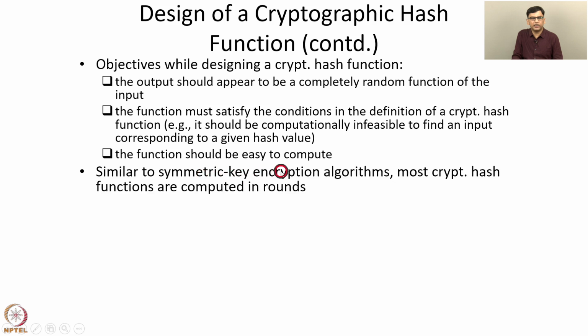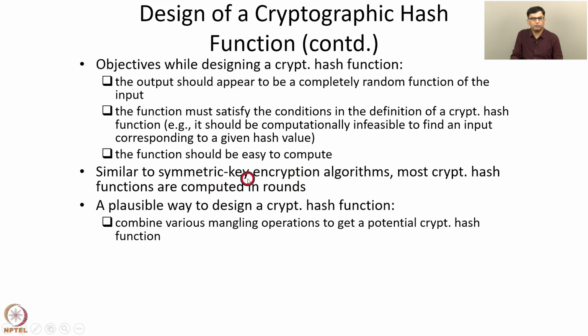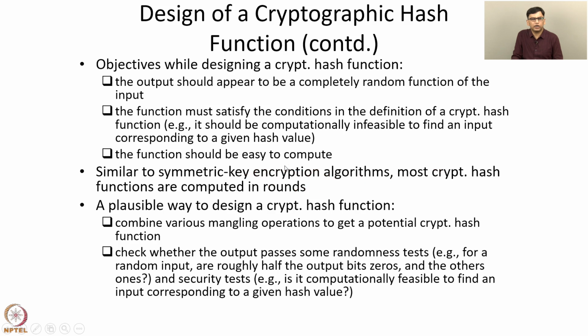And similar to a symmetric key encryption algorithm, most cryptographic hash functions are computed in rounds. So a plausible way to design a cryptographic hash function is as follows. We combine various mangling operations such as the ones that we saw on the previous few slides to get a potential cryptographic hash function. And then we check whether the output passes some randomness tests. For example, for a random input, are roughly half the output bits zeros and the others ones?